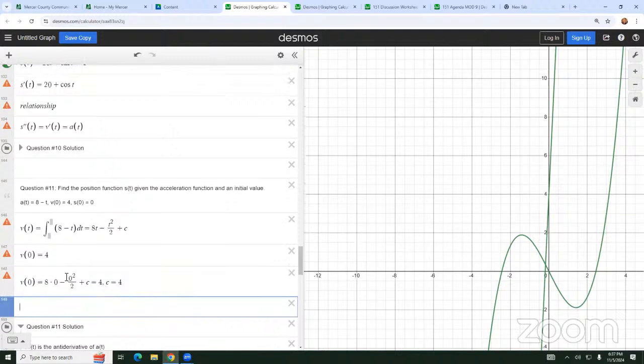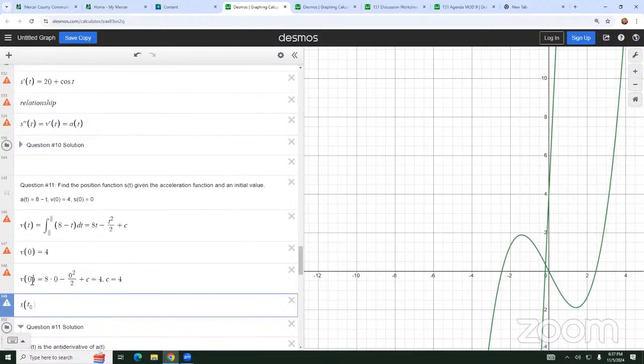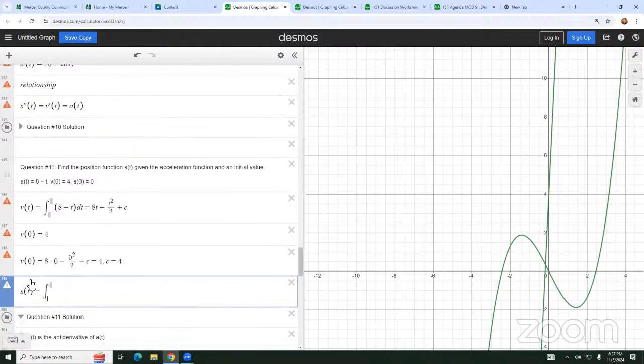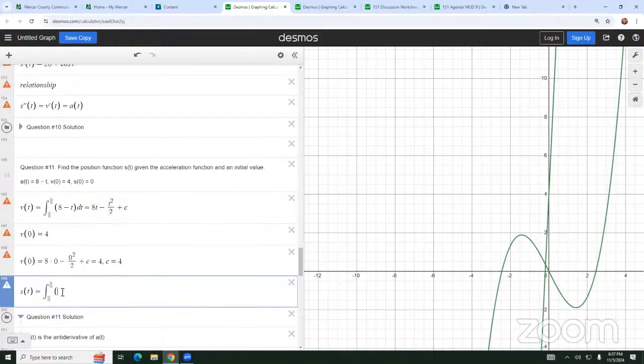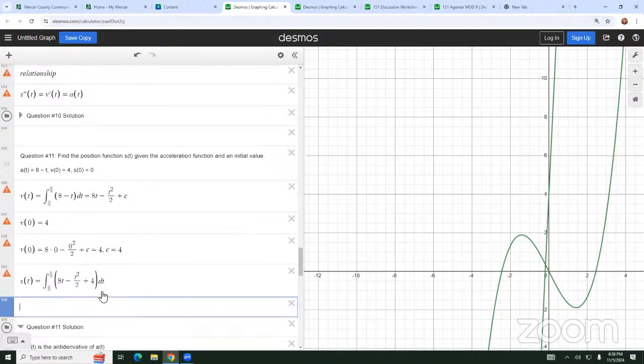But we're not done. Now to get the position, we have to do this again. S of t equals the integral of this thing. That's a 4. So you have to do the antiderivative. Whatever that is, that's going to give you the position.